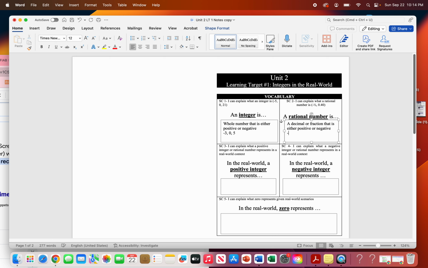So an example of that would be like -1/2 or positive 0.24 or maybe -72.3. Anything that is positive or negative, maybe 1 3/4, anything like that. Okay, so a rational number is a fraction or decimal, an integer is a whole number.